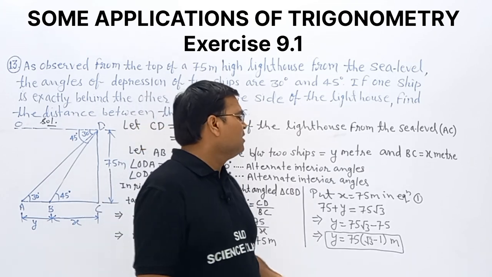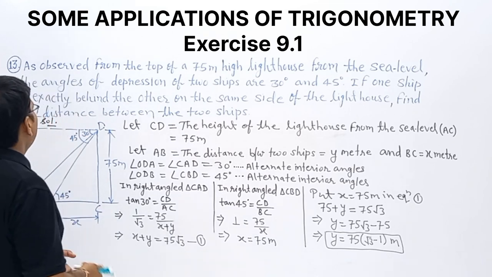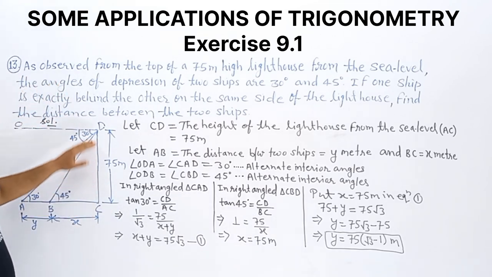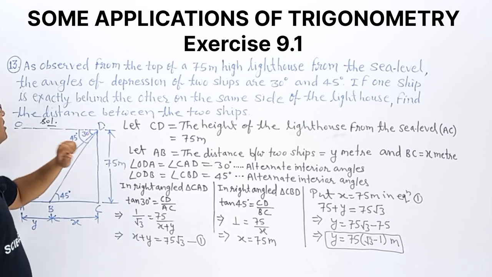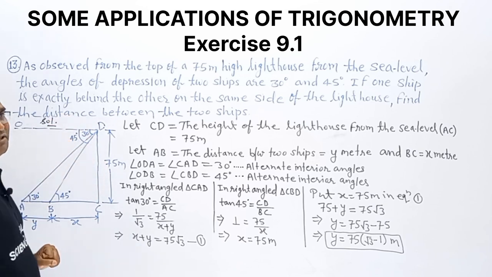Again I am revising within 1 to 2 minutes. What are we having? We are having one lighthouse, and the height of this lighthouse from the sea level is what? 75 meter. Clear? But from the top of the lighthouse we are having angle of depression.